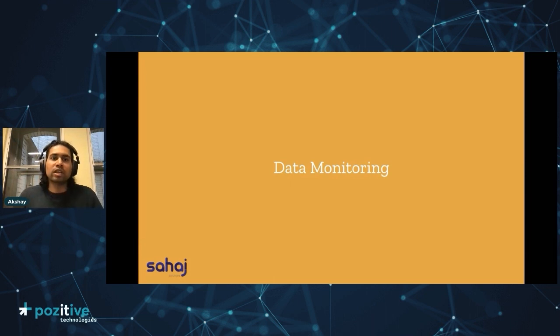So this is where you can start thinking about data monitoring. This is where we brought a lot of learnings from things like site reliability engineering and applied them to our data products itself. So how do you monitor incidents? How do you come up with some sort of SLOs that you may have agreed as part of your data contracts and so on?